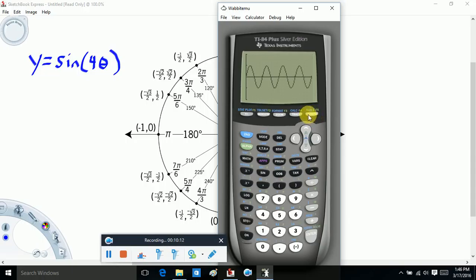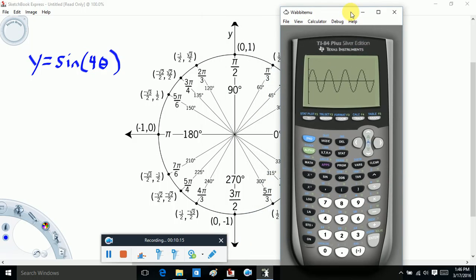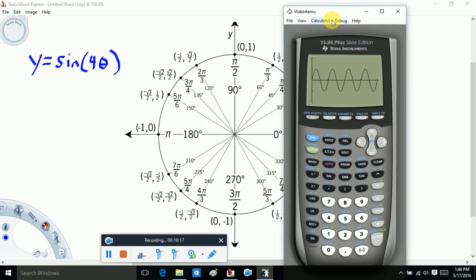Okay, you can see on the graphing calculator that in a window of 2 pi, we have 1, 2, 3, 4 cycles.